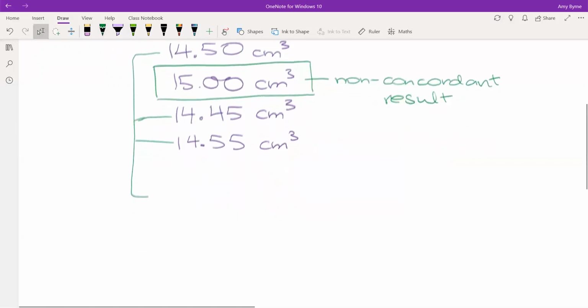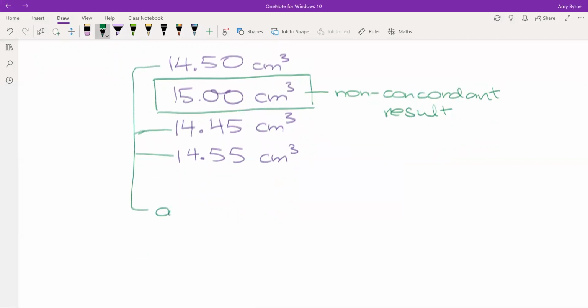So if you're going to calculate the average, you should only average the 14.50, 14.45 and 14.55. Because adding in that 15 would skew your average. It would be like averaging the ages of the people in our chemistry class and including me. I am a non-concordant result for that data set.